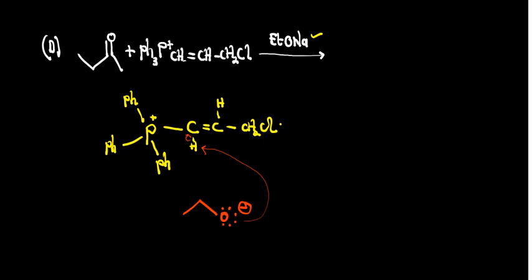We have the phosphorus, which is positive there, attached to 3 aryl groups. I'll just replace the phenyl groups with the aryl groups because there are 3, it's still fine.